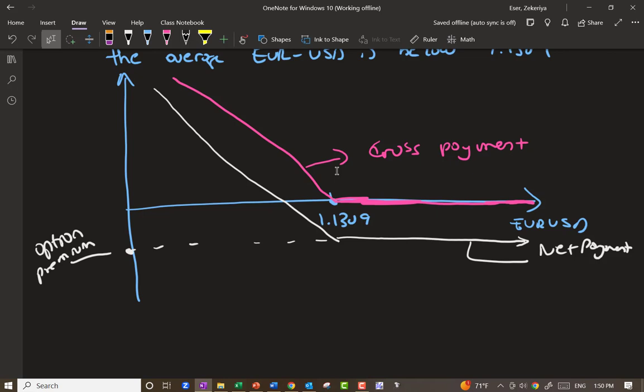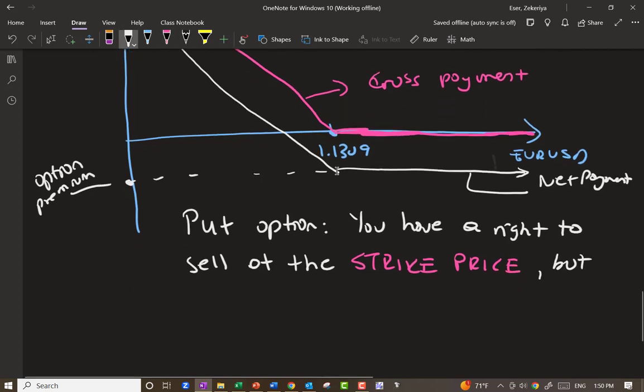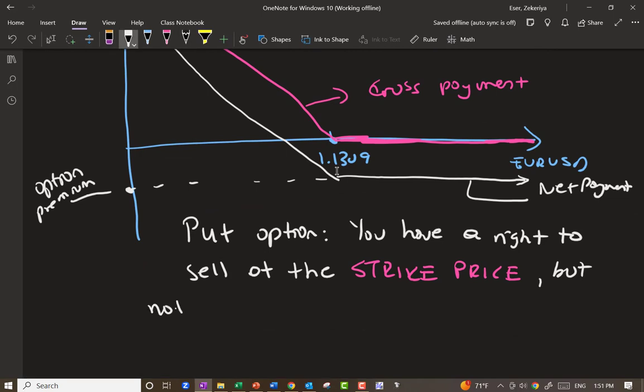Whenever you make money on an option when the price goes down, this is called a put option. That means you have a right to sell at the so-called strike price, but not the obligation.